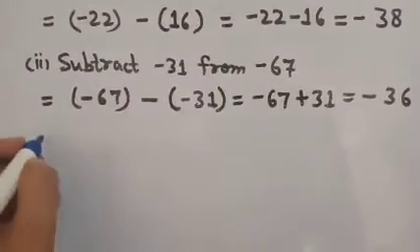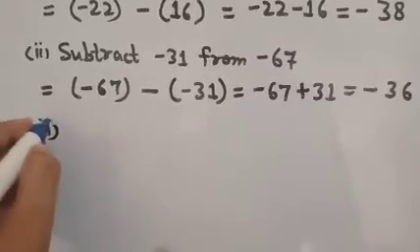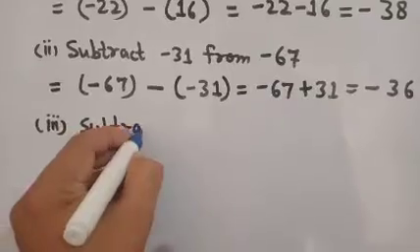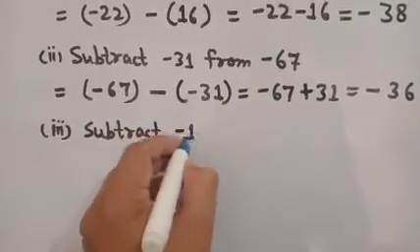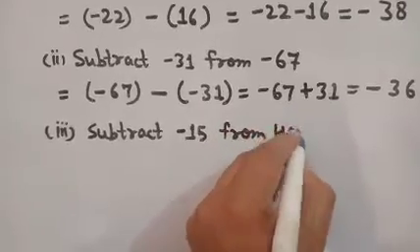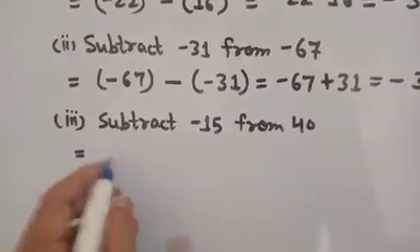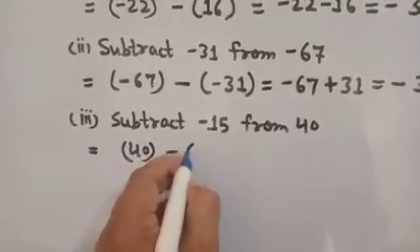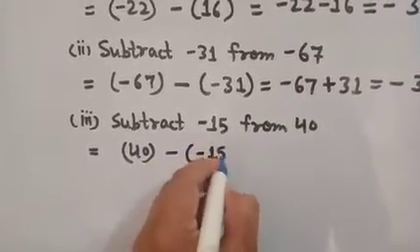Now third part, subtract minus 15 from 40. With the same process, first you note down 40, put the subtraction sign, and minus 15.